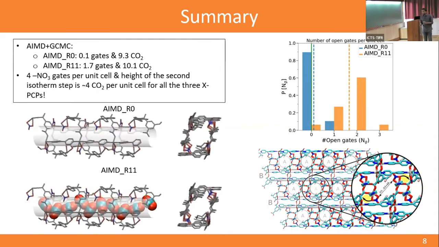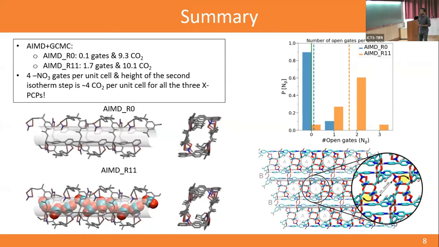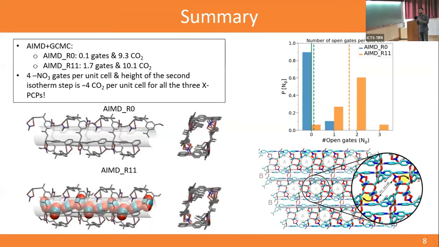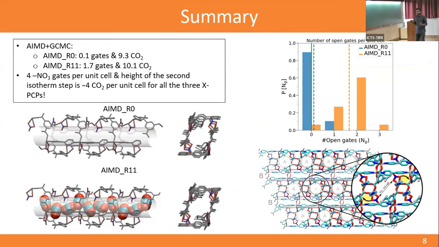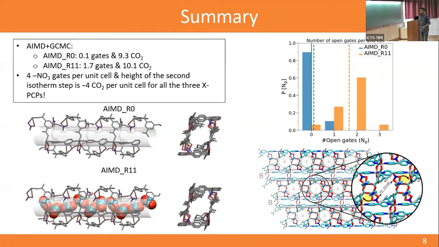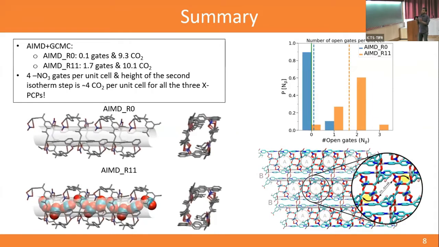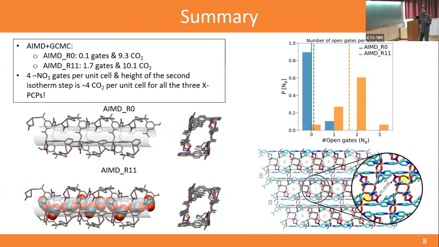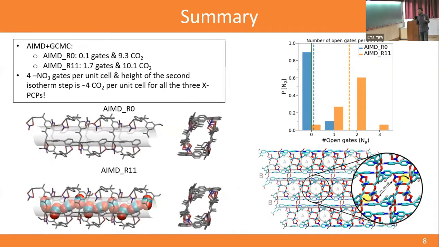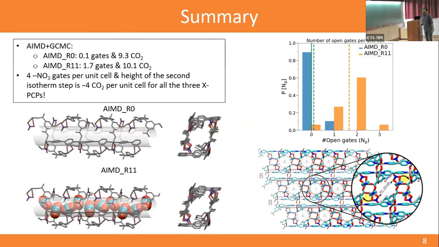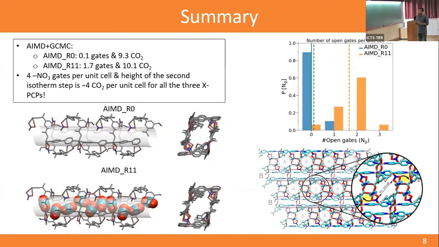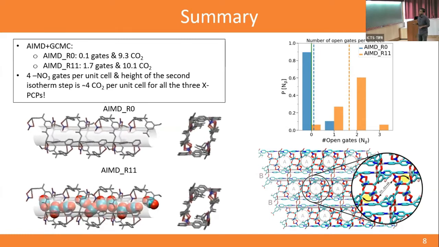And one final question that remains is, the experiment says they don't see any large structural change of the MOF, but how can almost all the NO3 gates open without actually affecting the overall crystal structure? To answer this, we'll have to look at the crystal structure closely.